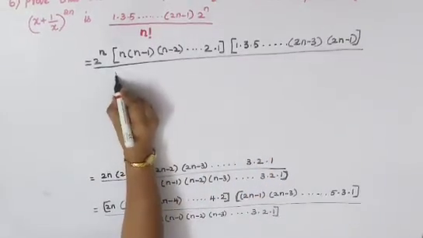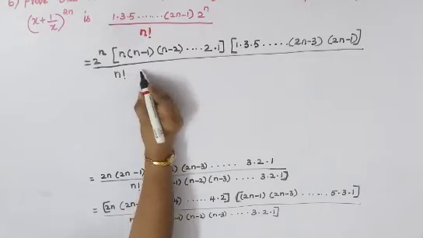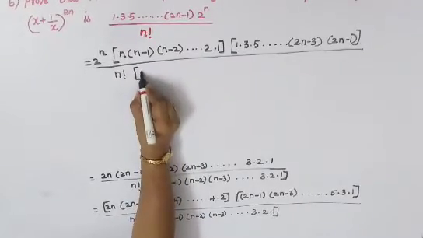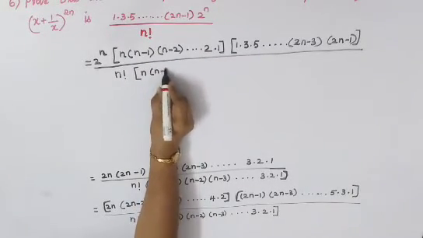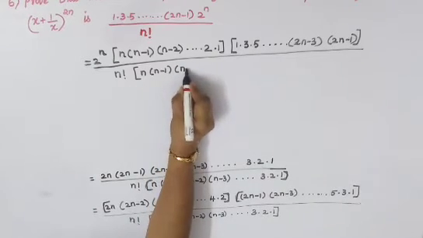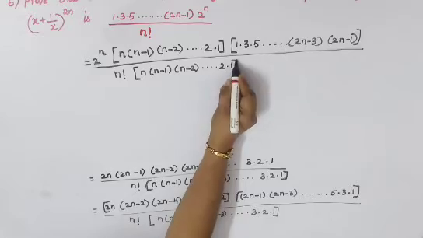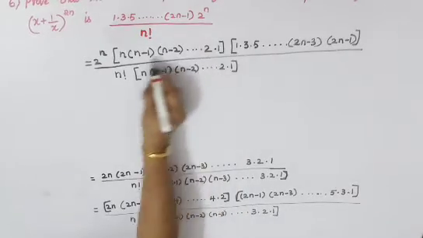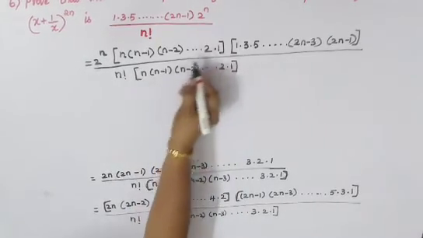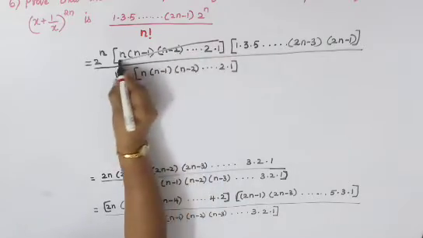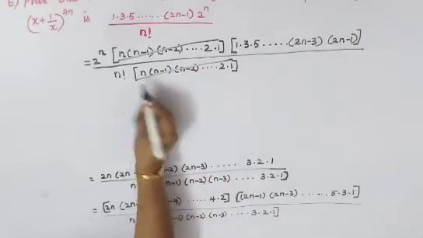Okay, so we'll get it as n factorial into n minus 1 into n minus 2 etc. 2 into 1. Now you can see this whole term and this whole term as it is, you can cancel it. Okay, under the one stroke you just cancel it.